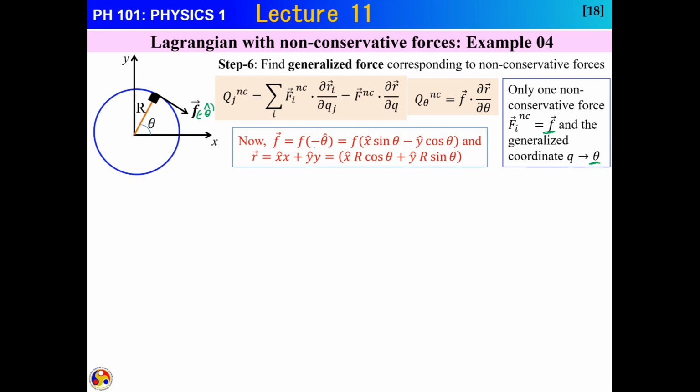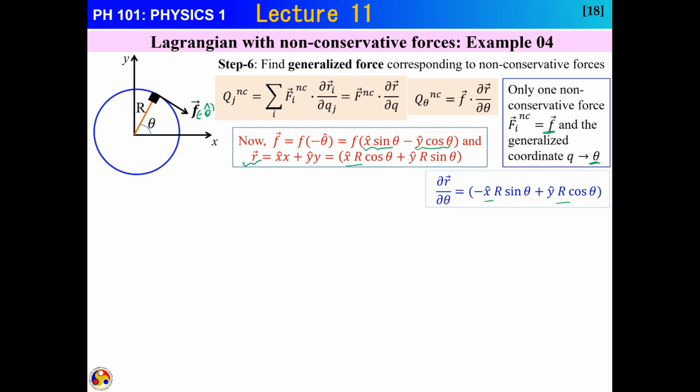F acting on minus theta cap, you know how to write theta cap earlier in polar coordinates. So that is x cap sine theta minus y cap cos theta. r is known, so therefore we get r part also. So from here we can get the partial derivative of r with respect to theta. So we can say the partial derivative of r with respect to theta is minus r sin theta x cap plus r cos theta y cap.